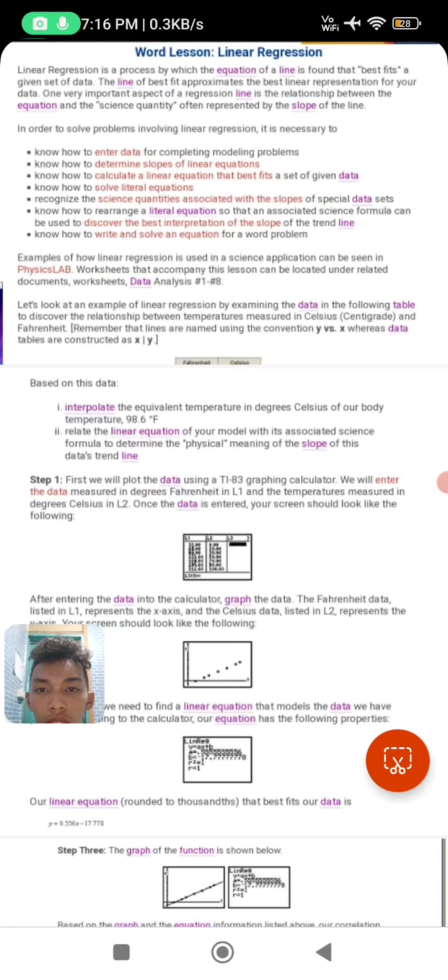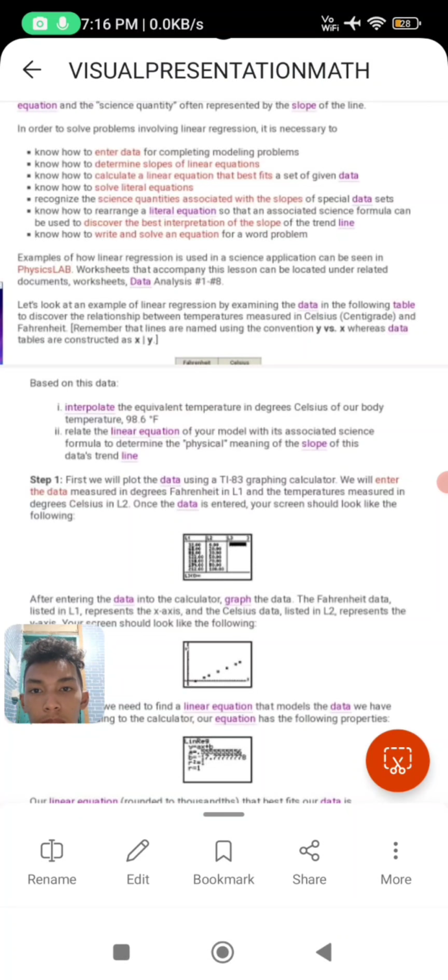In order to solve problems involving linear regression, it is necessary to know how to enter the data for completing modeling problems, know how to determine slopes of linear equations, know how to calculate the linear equation that best fits a set of given data, know how to solve literal equations, and recognize the science quantities associated with the slopes of special data sets.